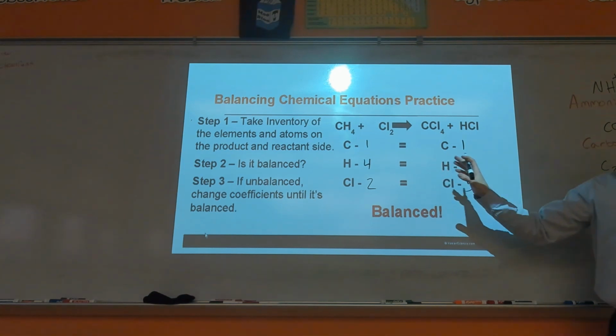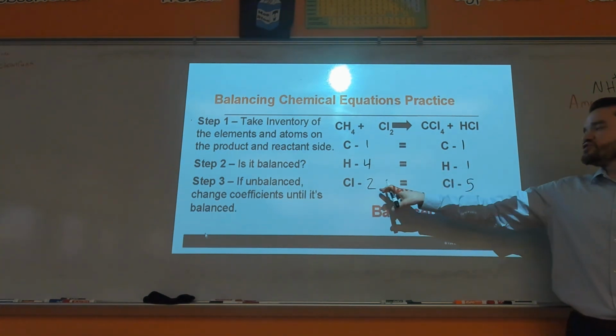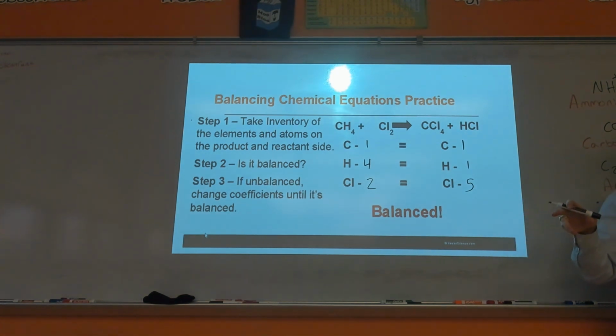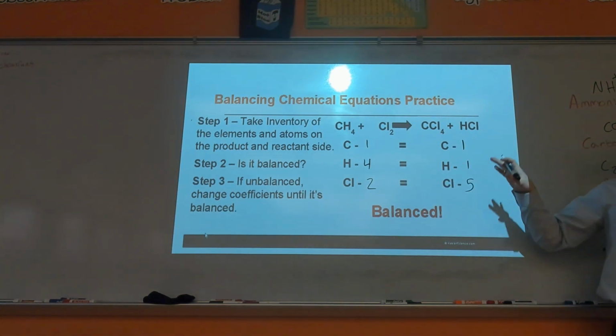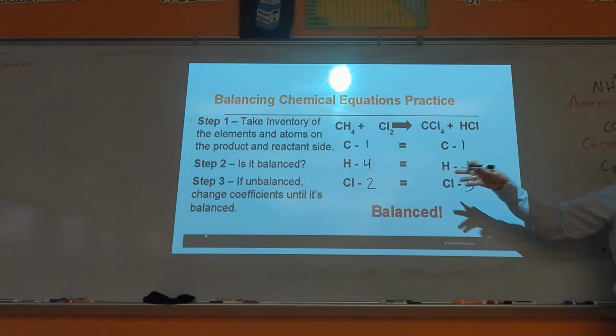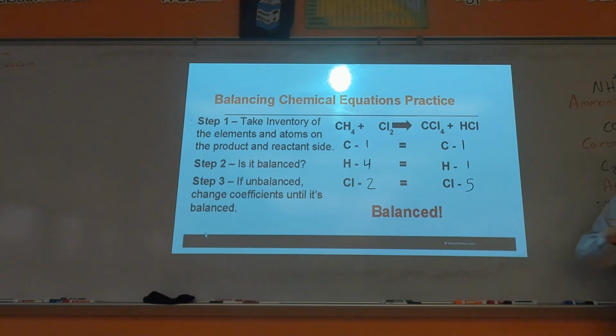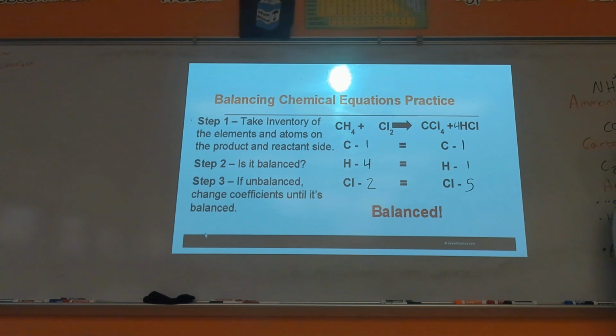If you see something like a 2 and a 5, where 5 isn't divisible by 2, but 4 is divisible by 1, that's a sign we should tackle the hydrogens first, and we'll deal with the chlorines later. How you would tackle the hydrogens is I need to get that number to be 4. So I'm going to multiply my HCl by 4.